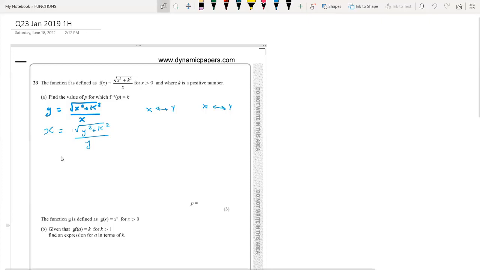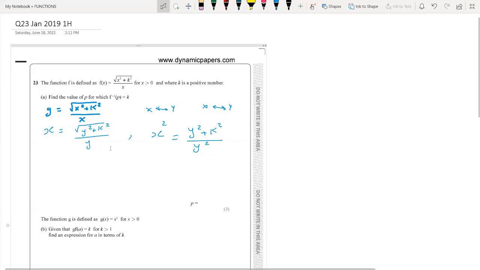The next step is to make y the subject of the formula. In order to do that, we need to get rid of the square root, so we square both sides. The left hand side becomes x squared, and the right hand side becomes y squared plus k squared over y squared.